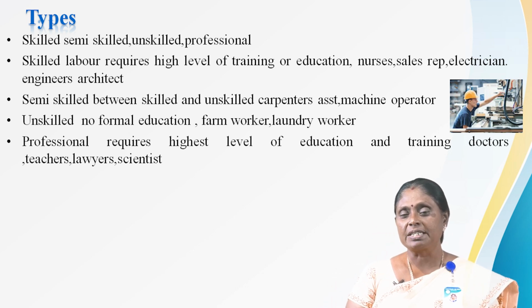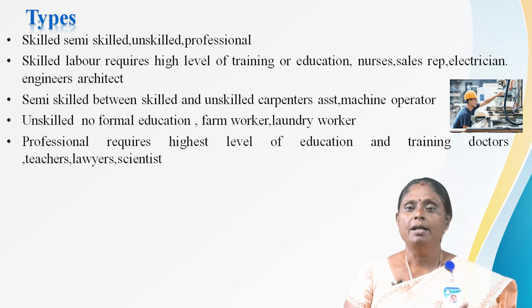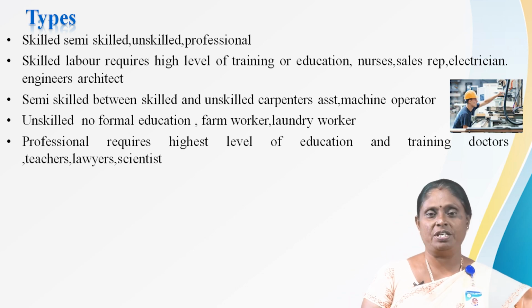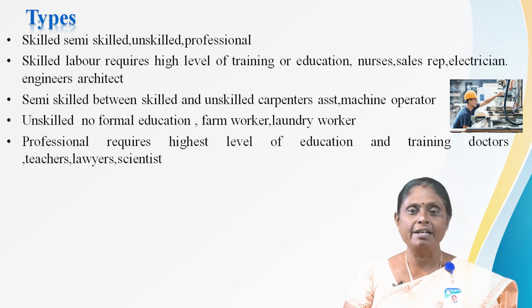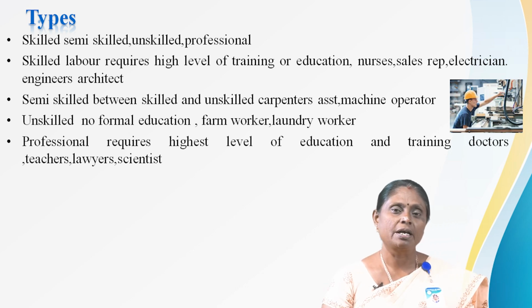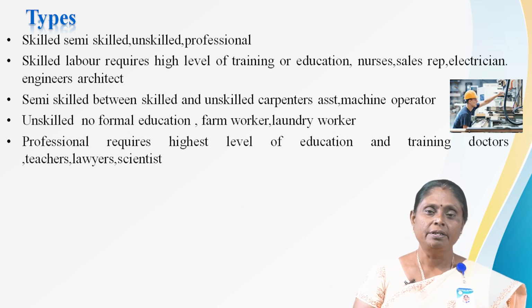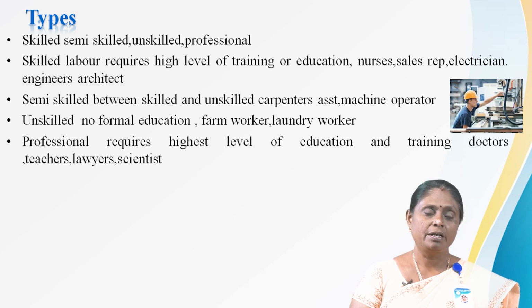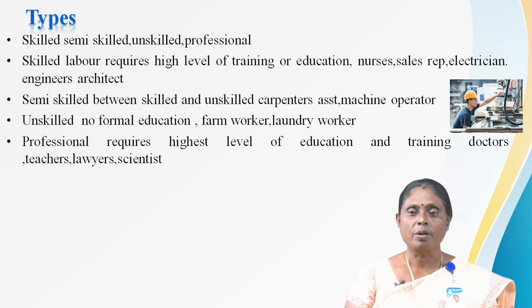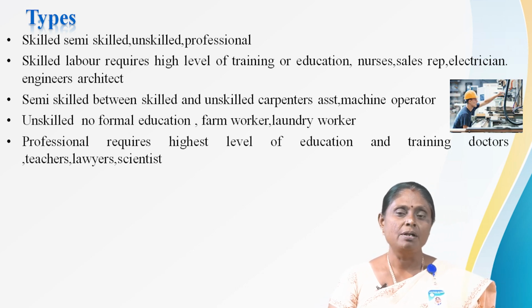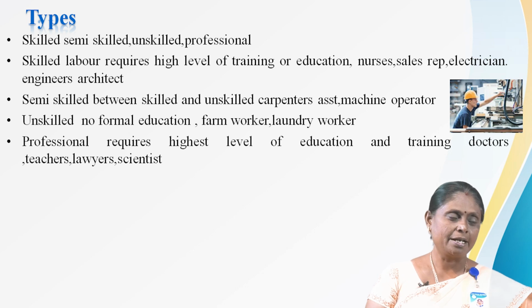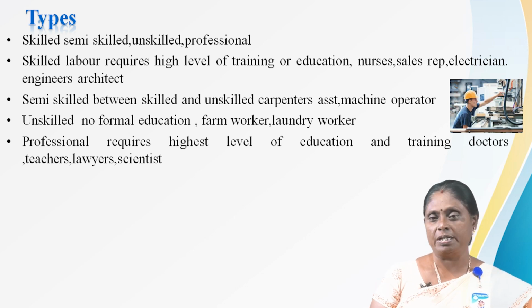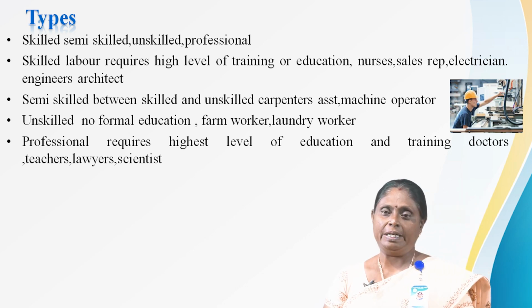Compared to skilled labor, it requires a lower level of training or education. Next, unskilled labor. Who is unskilled labor? Unskilled labor does not require formal education. Examples: farm workers, that is agricultural laborers, and laundry workers.